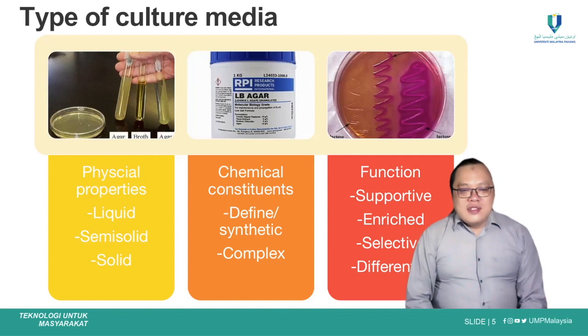For the chemical constituent, we can have defined or synthetic, or complex. And based on the function of the culture media, we can group them as supportive, enriched, selective, and differential.